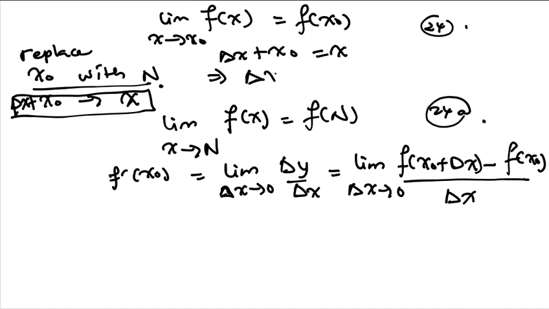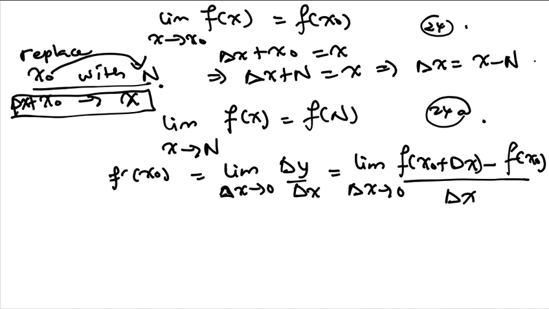Change in x plus n is actually x, isn't it? Remember, because we replaced x naught with n. And from here, we can further modify it: this implies change in x is actually x minus n, isn't it? All right. So I hope this is clear up to this point, yeah?